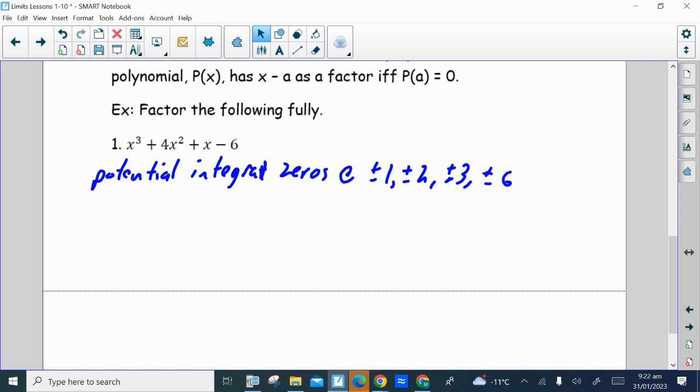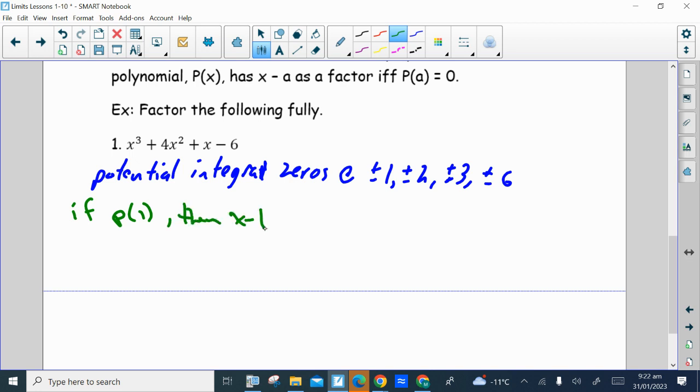These are the different combinations of numbers that could be multiplied together to get -6. So if you want to know if positive 1 is a 0, if p at 1 equals 0, then x minus 1 is a factor.